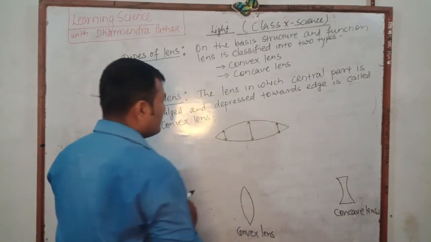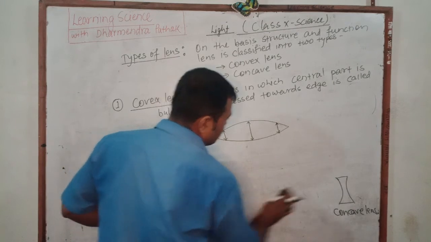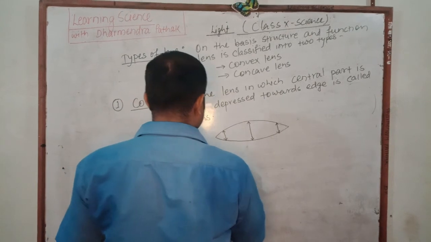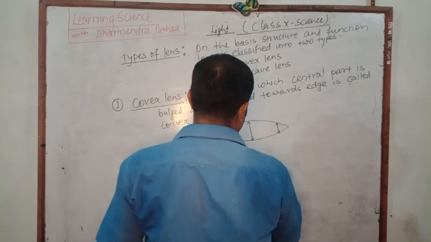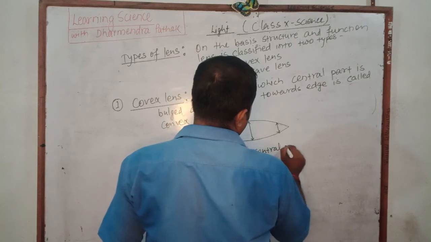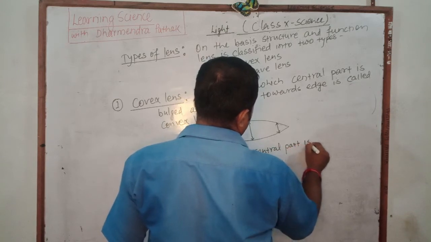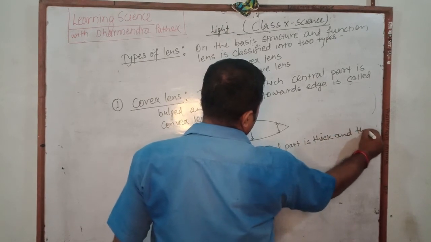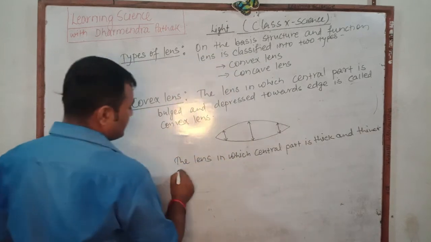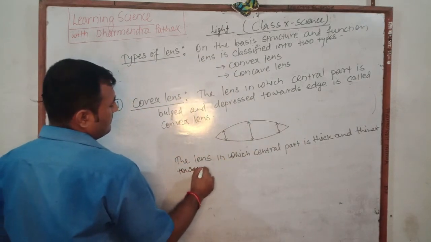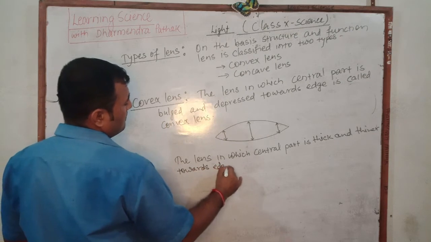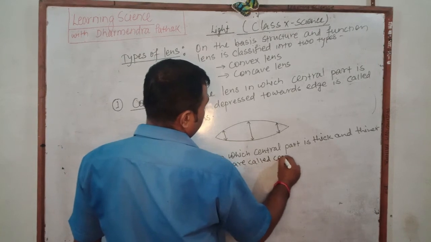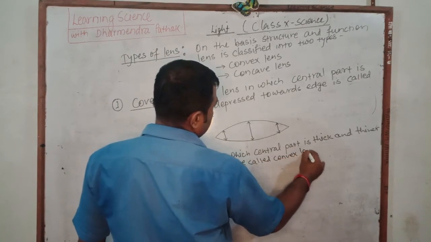Here we write, also we can define it as the lens in which the central part is thick and thinner towards the edge is called convex lens.